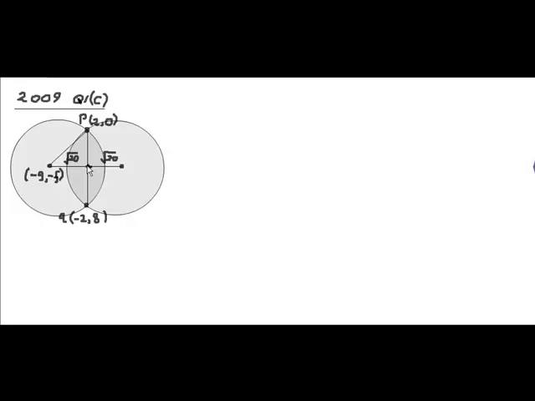So if we can get that point using the midpoint formula, which is (x1 plus x2) over 2, (y1 plus y2) over 2, which is (2 minus 2) over 2, (0 plus 8) over 2. So that's the midpoint, and that gives us (0, 4).